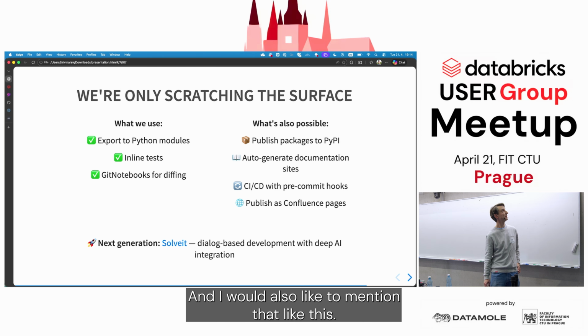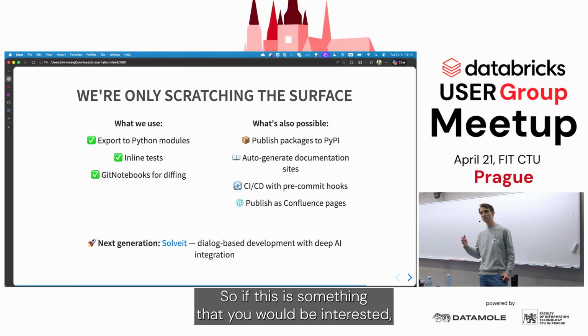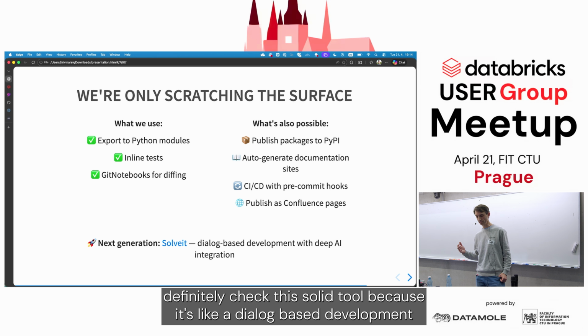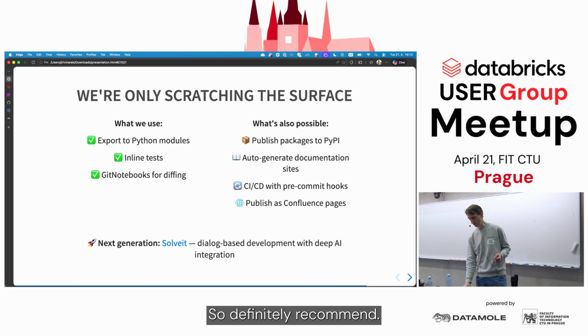And I would also like to mention that this whole idea of literate programming can be taken to the next level. So if this is something that you would be interested in, definitely check this Solvit tool, because it's a dialogue-based development with deep AI integration, and it's something I haven't seen before. So definitely recommend. It's a power tool, really.